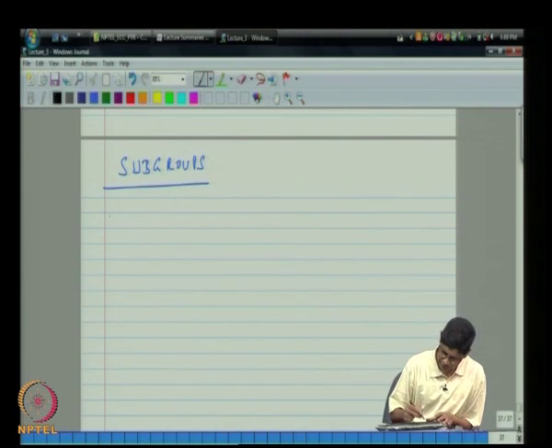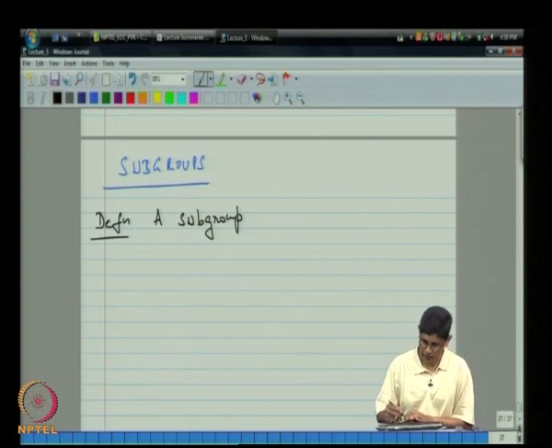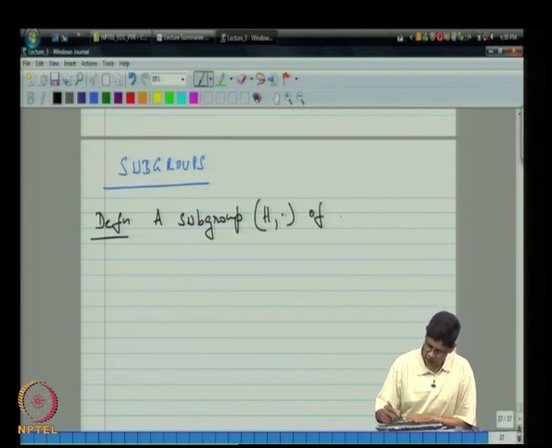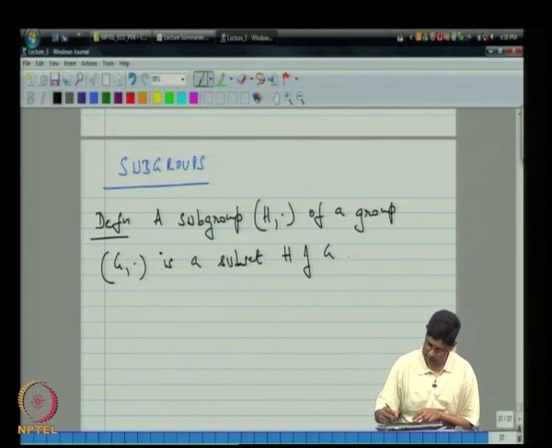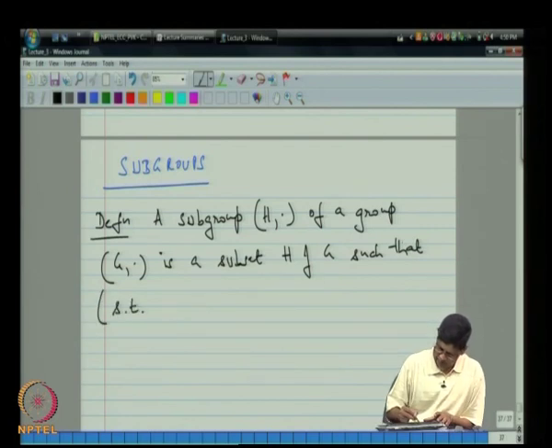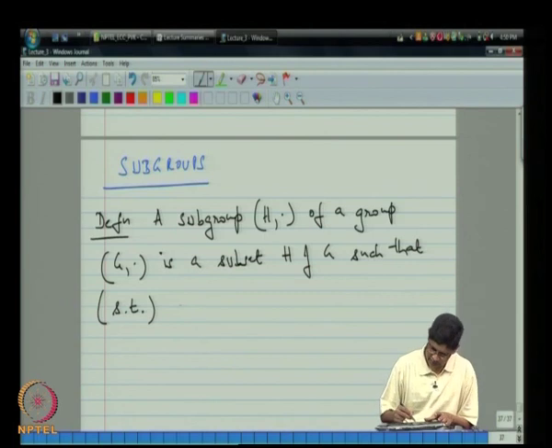So, we will begin with the definition. A subgroup H of a group G is a subset H of G such that, and I will often abbreviate such that by writing S.T., such that H is a group by itself.